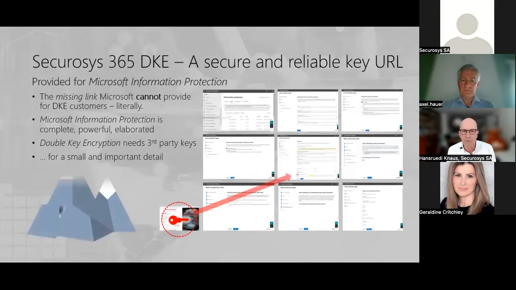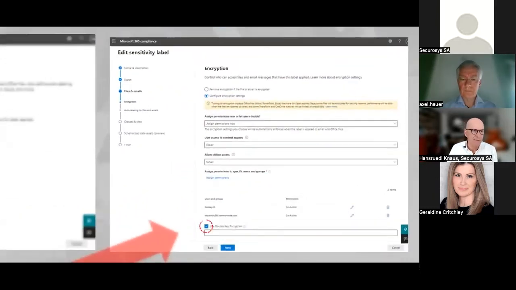And what is an administrator doing? What do we need to implement Securosys 365 double key encryption? Actually, it's a URL. If you did the job within the console of Securosys 365, which is shown on the lower left side in red, then you have 1 out of 9 forms in the Microsoft compliance console where you add that you will use double key encryption, and you add that URL.